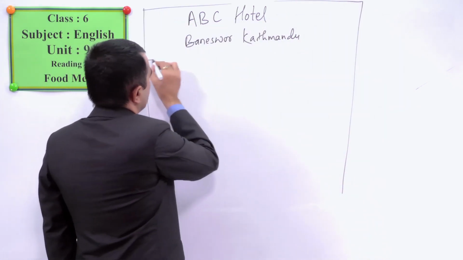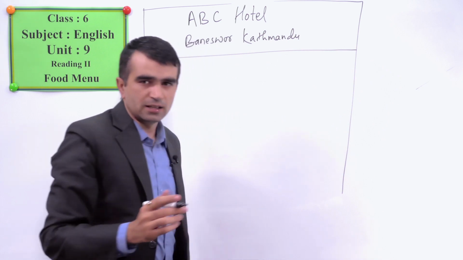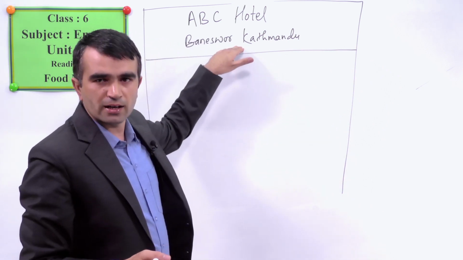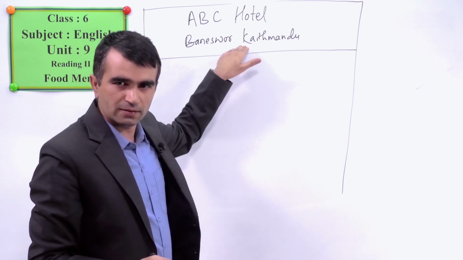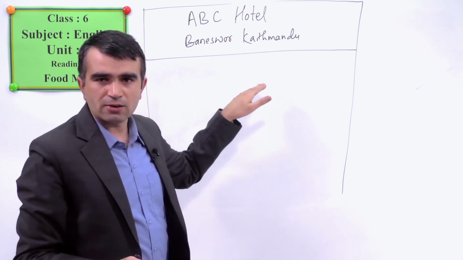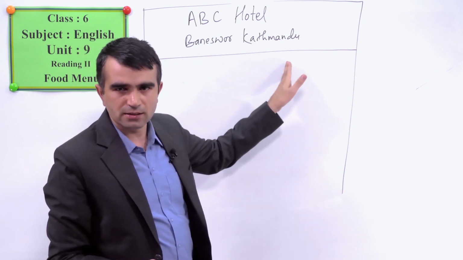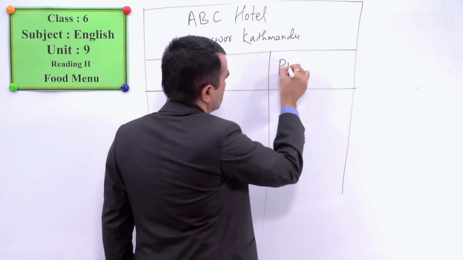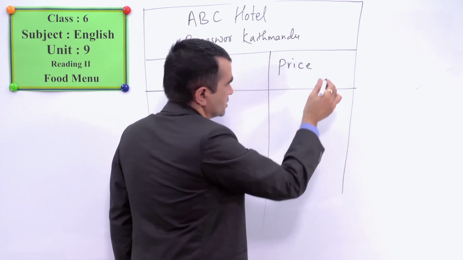This is the name of the hotel. In many hotels, just below it, the phone number and other things are written. You can also include these things. And now you can start with items and their prices. Item, price in rupees.